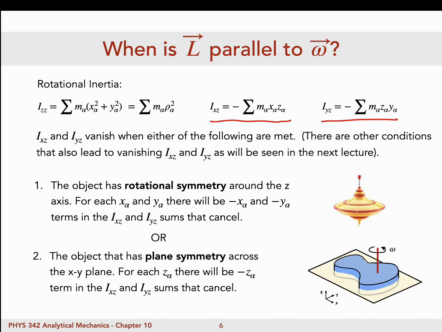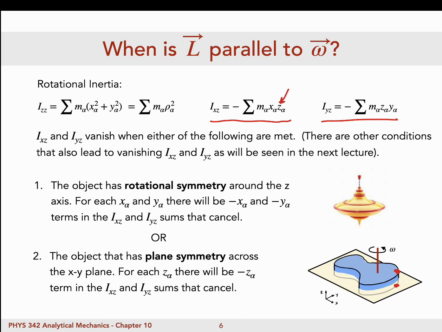So that's one case. The second case is if you have symmetry through the xy plane. For example, if the z-axis is coming straight up, and for every mass element that's above the xy plane with a positive z value you have one below the xy plane, then there'll be pairs of z components, one positive and one negative, and those will also cancel out in that summation.